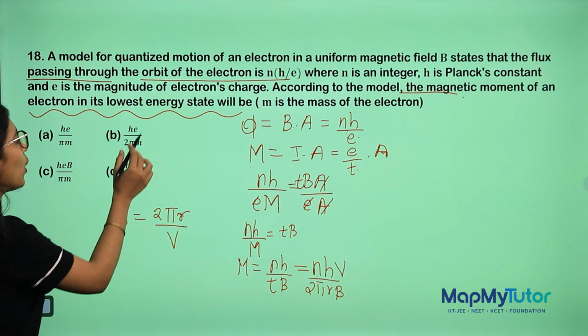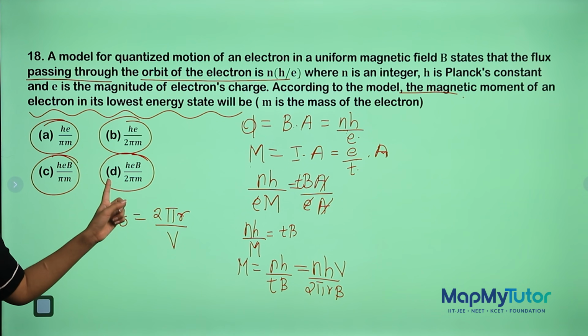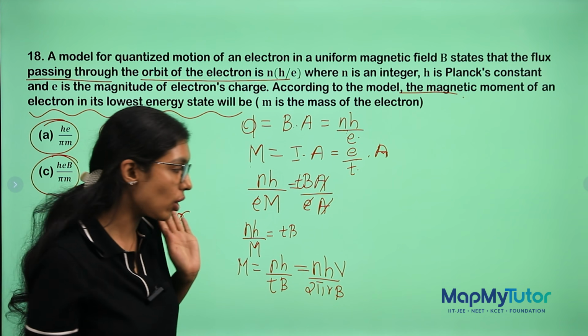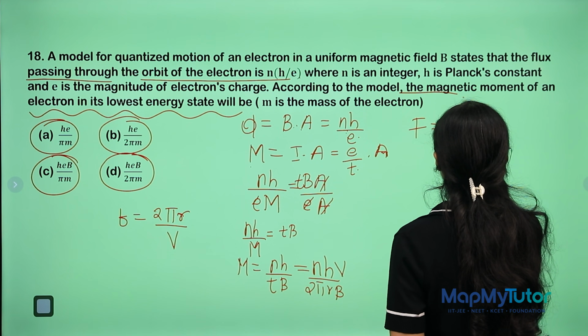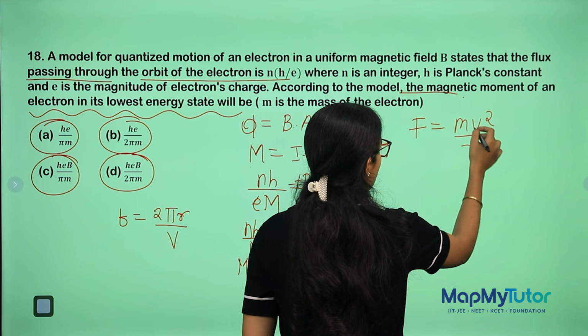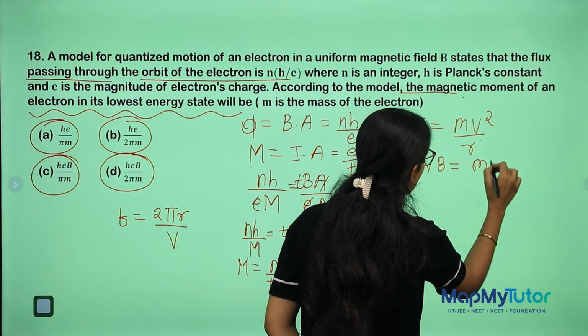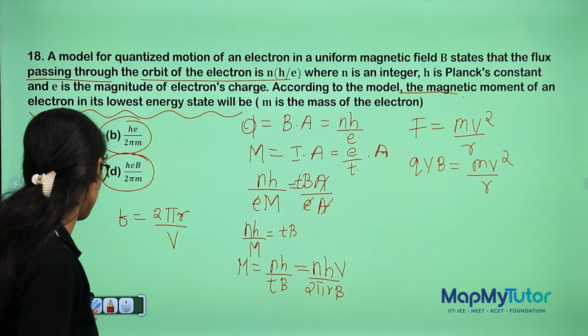But look at the options. My options are not in V. I don't have V here. And it is moving in a circular path, so the first thing which comes to your mind is circular motion. Again we will be putting F equals mv square by R, centripetal force. qvB equals mv square by R. I know my q is the electron charge, so I can directly substitute here.